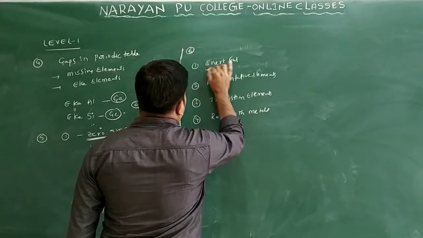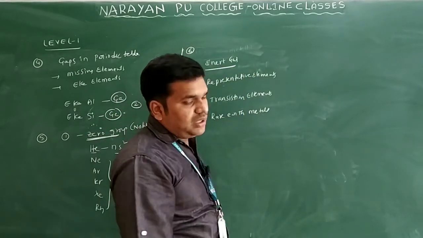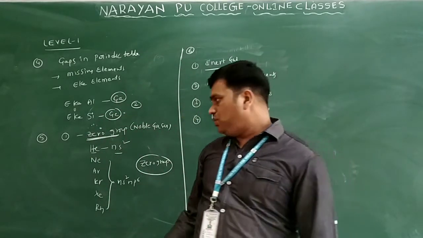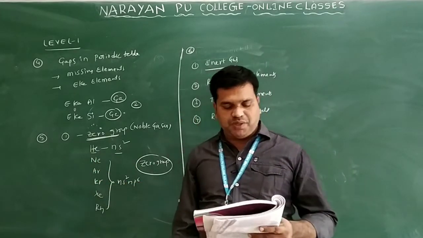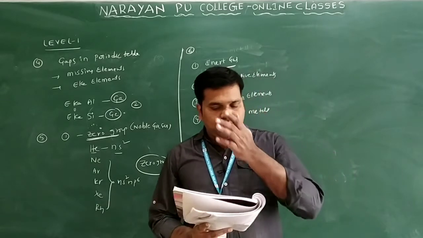Inert gases are the zero group elements. Already I told you the inert gases: helium, neon, argon, krypton, xenon, radon. They are called inert gases only.